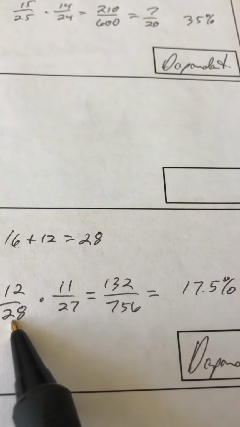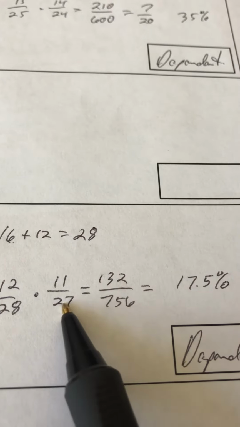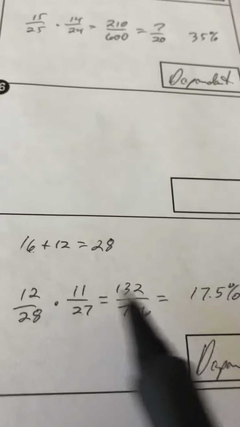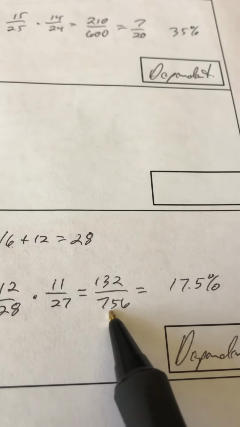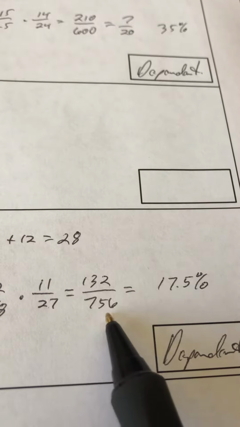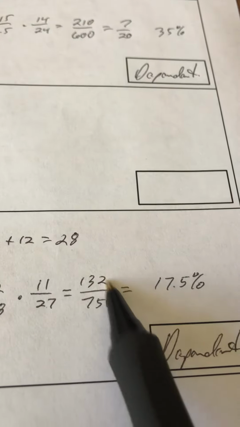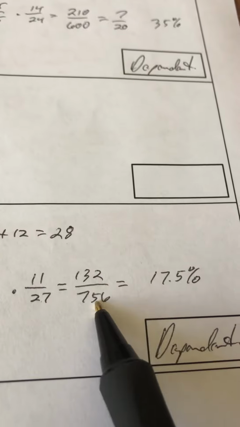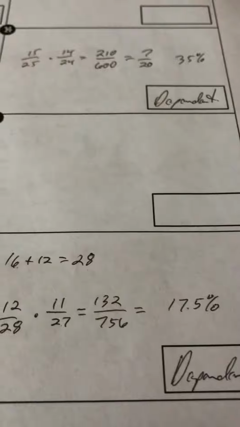So she'll pick 1 boy, and then she'll pick another, 11 out of 27, because that's dependent on her picking the first one. So that's going to be 132 over 756, and I didn't simplify this one. I'll do it for you in a second, but if you divide the numerator by the denominator, you get 17.5%.